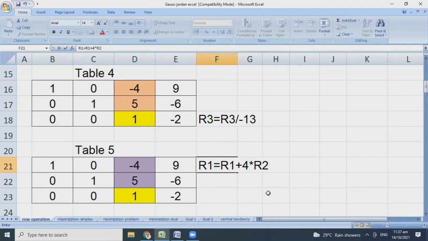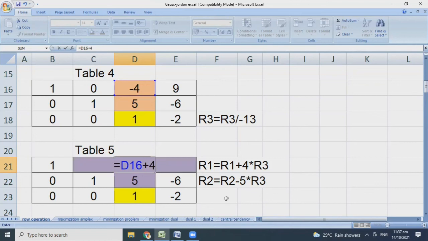Ganun siya lagi. Kung ano yung naka-highlight ng yellow, siya lagi yung dulo. Saan mo siya multiply. Tapos yung row 2, doon mo lagi sisimulan kung ano yung kailangan mong computein. 5, paano magiging 0? So, minus 5 times row 3.